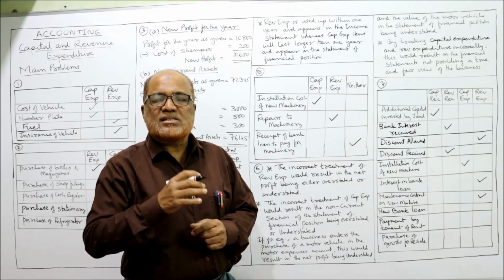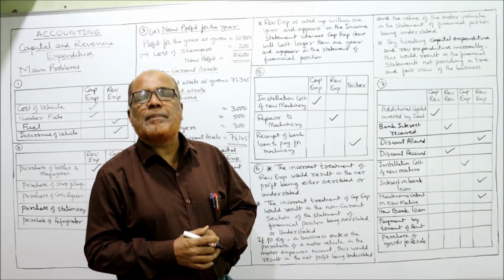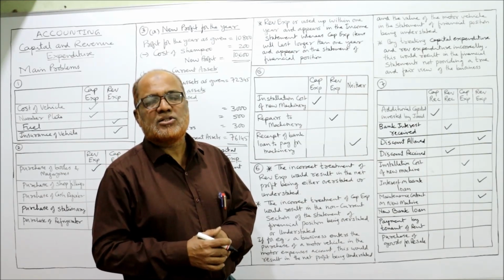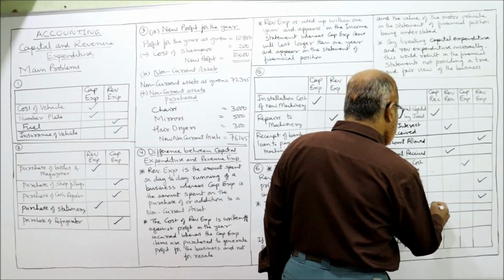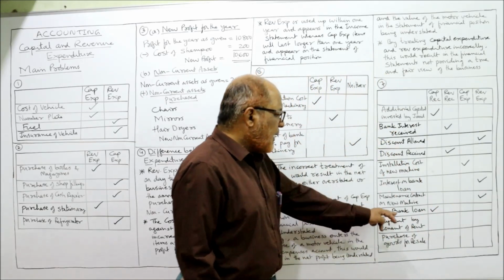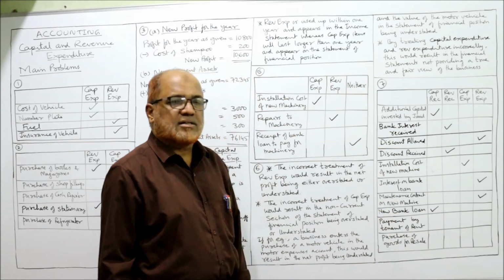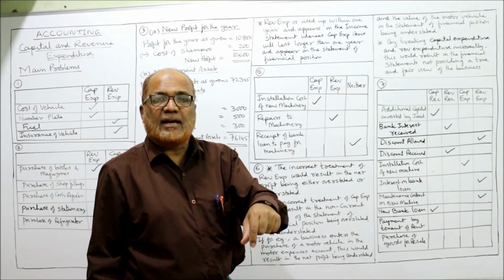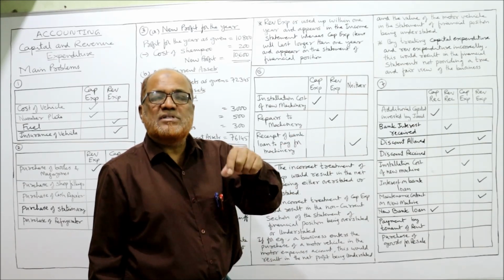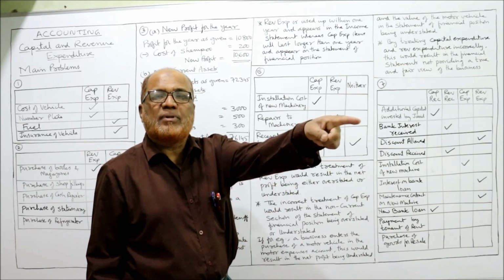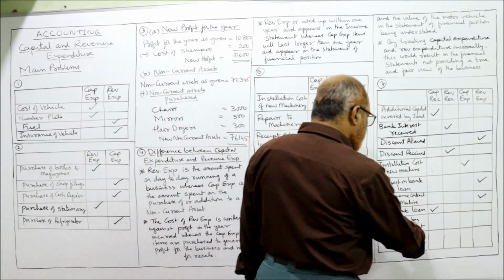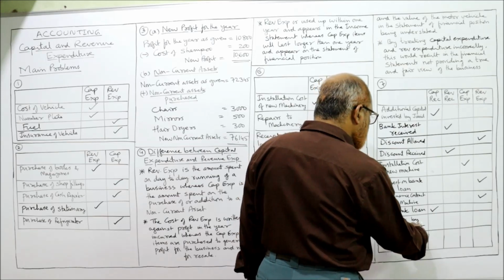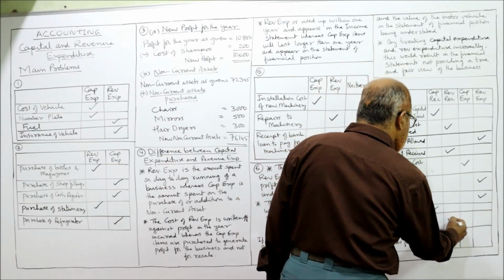When a bank loan is taken, it is a capital receipt, as I just told you. Payment by tenant of rent: that means rent is received from the tenant. It's a revenue receipt. So payment by tenant of rent is a revenue receipt.